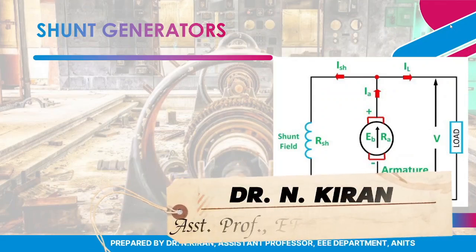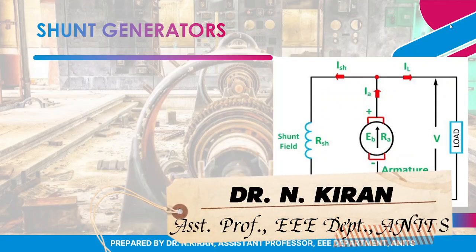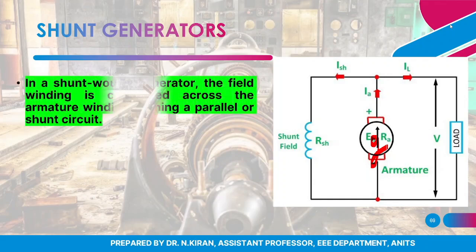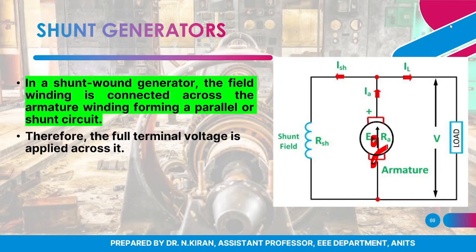Next, coming to the shunt generator, this is the circuit configuration of the shunt generator. Here this is also EG. The field winding is connected in parallel with the armature, that is why it is called a shunt generator. So here the entire terminal voltage is applied.